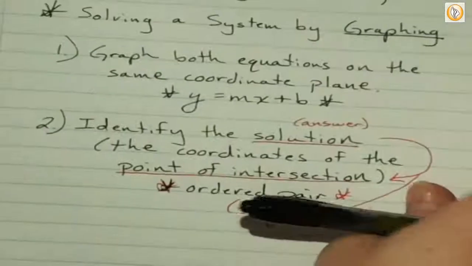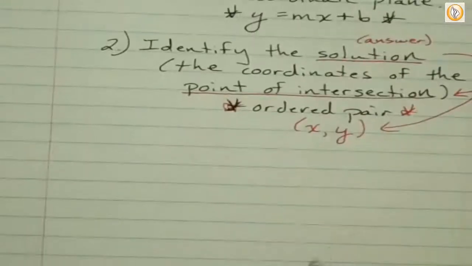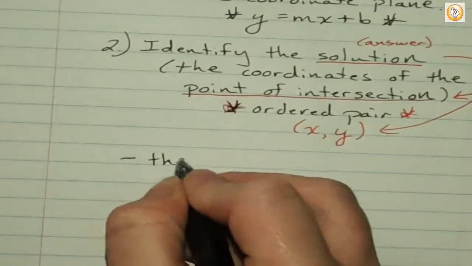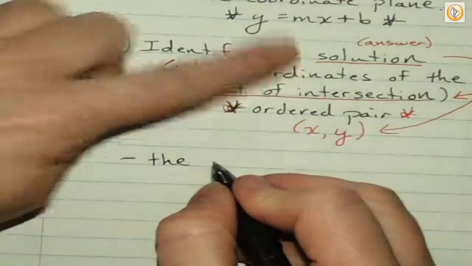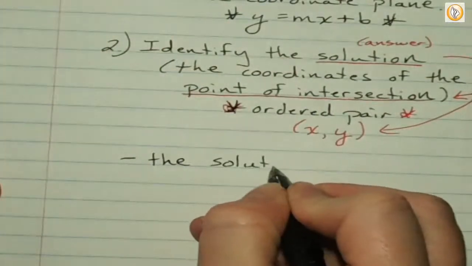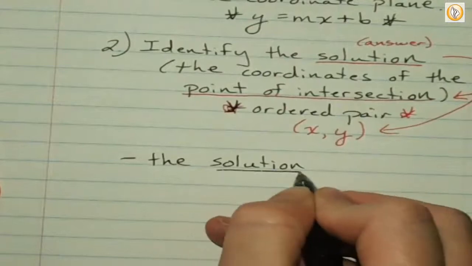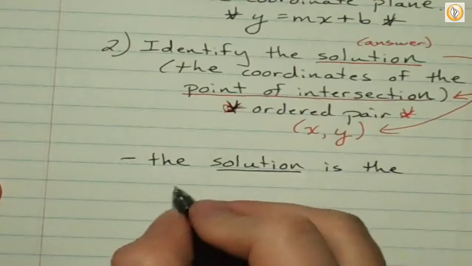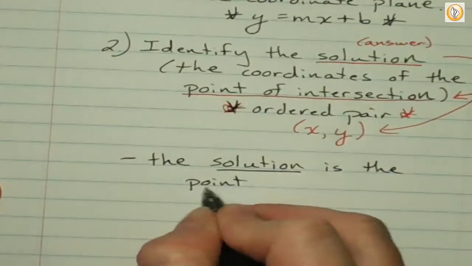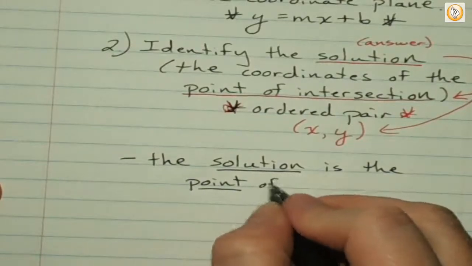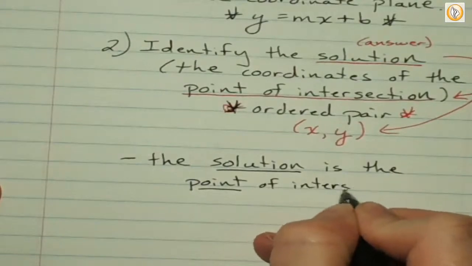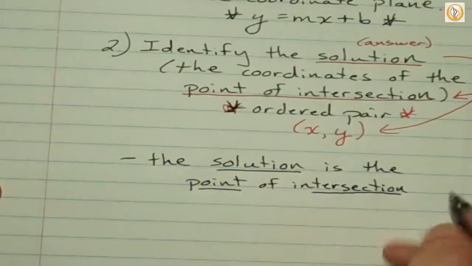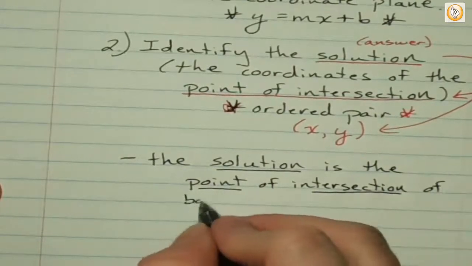I'm going to add to this, and I'm repeating myself on here, but you know how I am. I write it multiple ways so you get the idea. I'm driving it home. The solution is, yes, I'm repeating myself, the point of intersection of both lines.